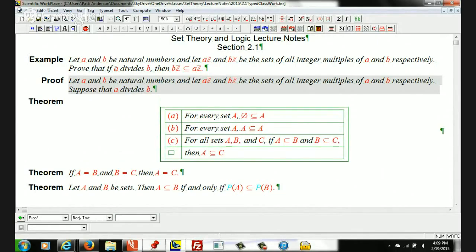So suppose that a divides b. What does that mean? We're going to go straight to our definition for divides. Yeah, b equals a times m for some integer m.